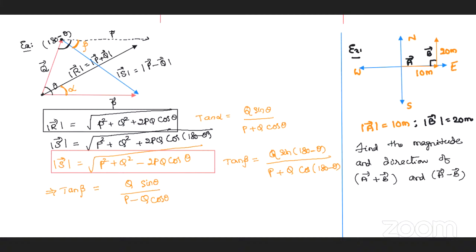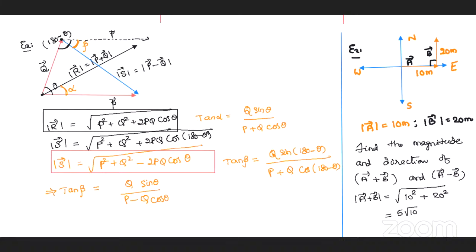So mod of A bar plus B bar is the root of, directly we write, since they are perpendicular there is no need to check the directions, 10 square plus 20 square using Pythagoras. That is root of 500, which is 5 root 10.